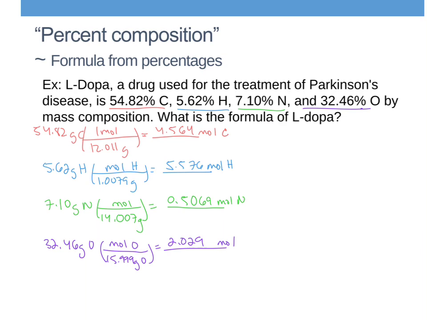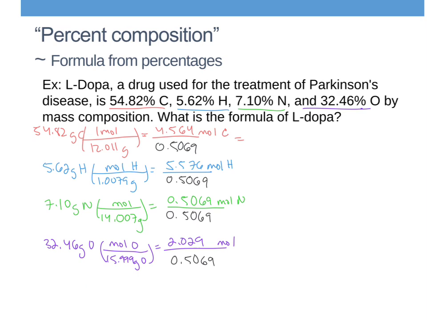Check. The next thing we did was divide by the smallest one. In this case, my smallest one is the nitrogen one, the 0.5069. So I'm going to divide all of those by 0.5069. I'm just trying to find a better ratio.